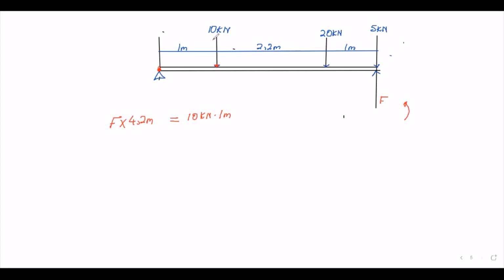Now, the distance from this point here to where the force is applied is 1 meter. This distance here is perpendicular to the force. Don't forget that. Plus, this one here is 20 kilonewton.